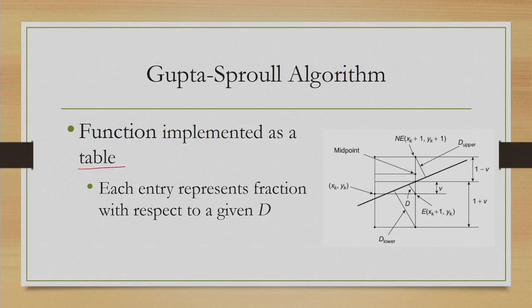So, we maintain a table where based on distance a particular intensity value is there, and depending on the computed distance we simply take the intensity value from the table and apply it to the chosen pixel. So, each entry in the table represents a fraction with respect to a given D. So, some pre-computed D values and their corresponding intensity values are there in the table.